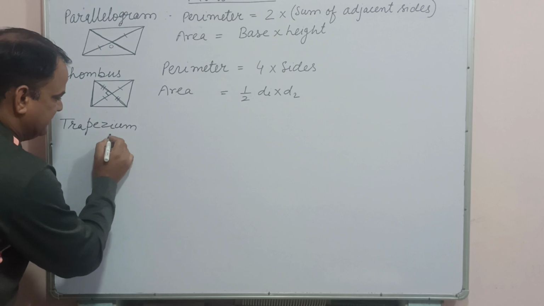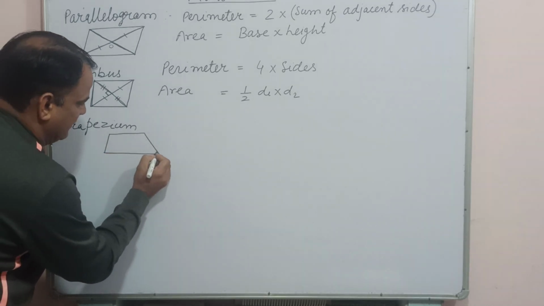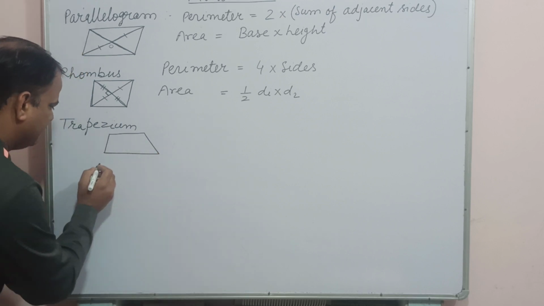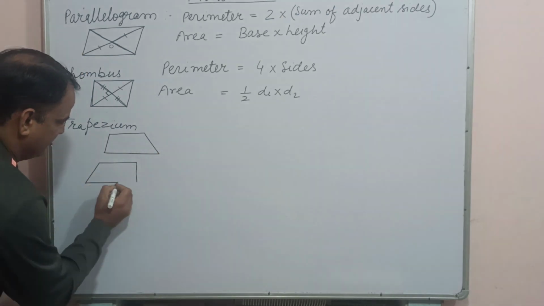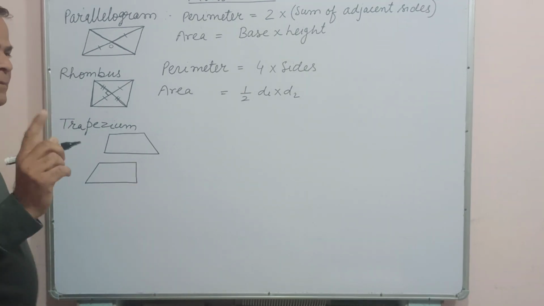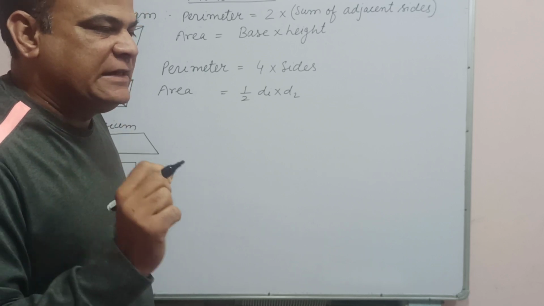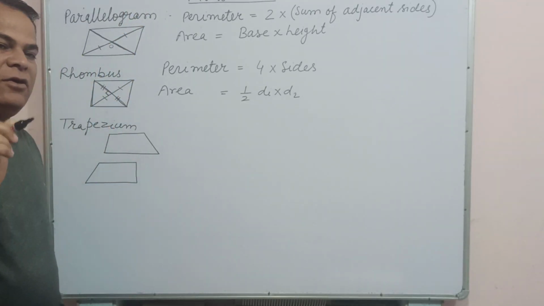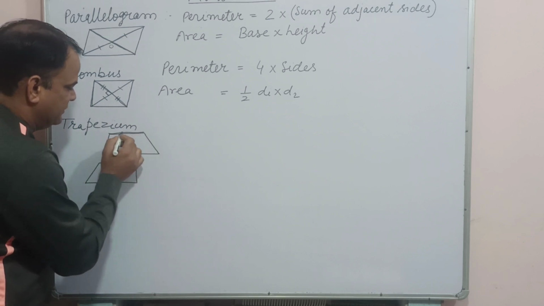Trapezium is just like this figure. Or we can say that trapezium must be this type also. In a trapezium there is a fixed thing: one pair of parallel lines. These lines are parallel to each other.